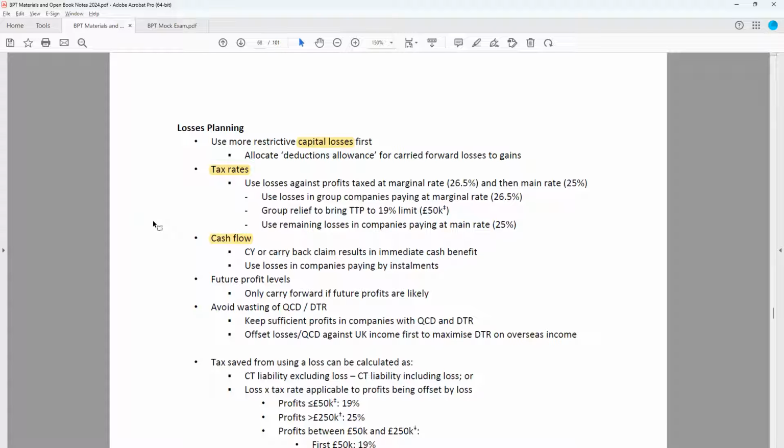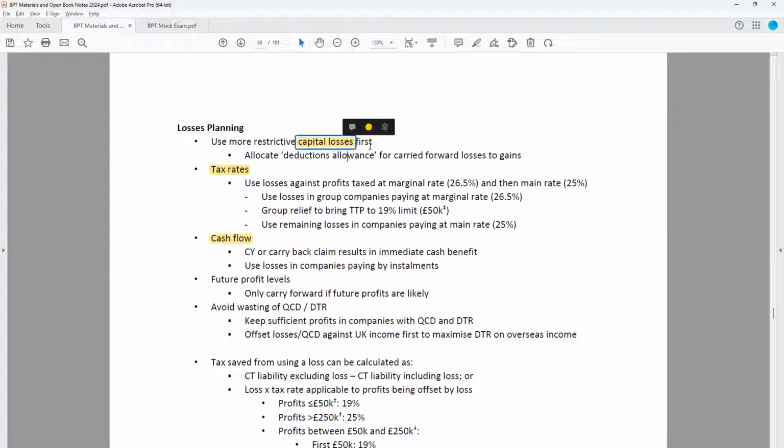People just trying to dump knowledge into the exam when it's not relevant to the scenario, or then even not applying it to the scenario. These are points to kind of help remind you and guide you and think of the types of things to consider when making your decision. Not a list of points to copy out regardless. Whenever the word losses is mentioned, just write all of this down. That's absolutely not what it is. It's kind of to guide you to think about which points are most relevant.